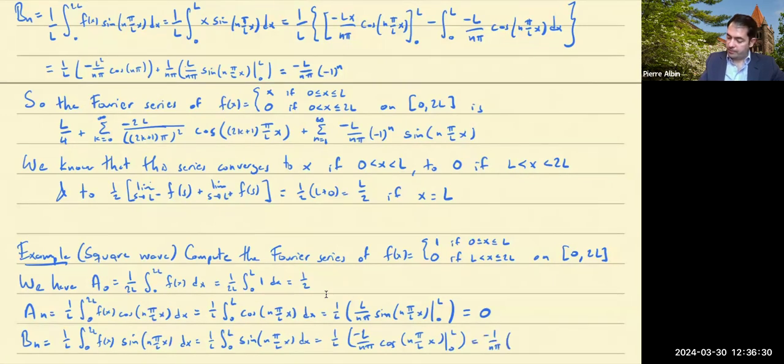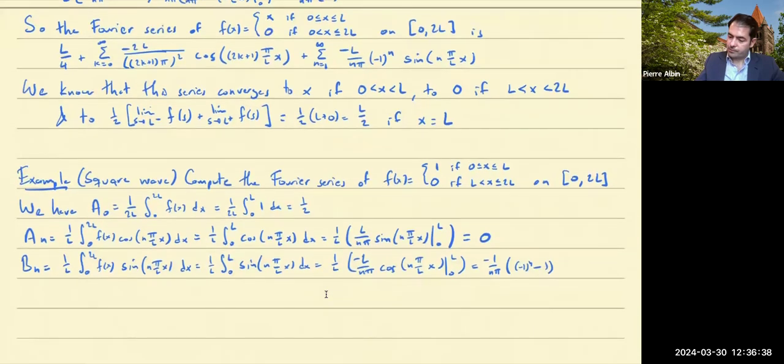Cosine of n pi would be minus 1 to the n. Cosine of 0 is 1. And so altogether we have 0 if n is even, and 2 over n pi if n is odd.